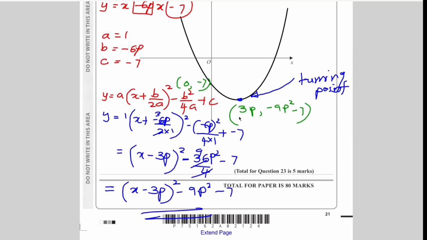That's how we get 3p. The y coordinate is everything you get here, as it is: minus 9p squared minus 7. So this is the y coordinate. That's how we interpret the complete the square format into the turning point coordinate.